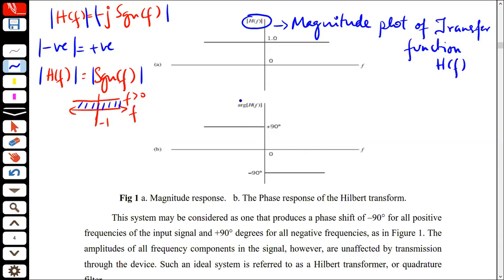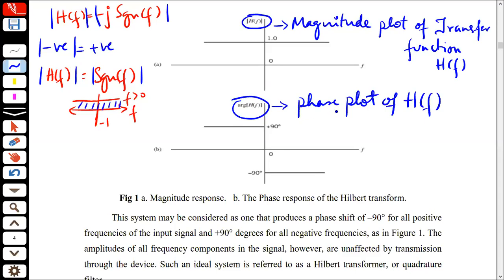On the other hand, we also have the phase part, or the phase plot of H of f. The phase part is governed by the negative j value. Phase only deals with the angle.